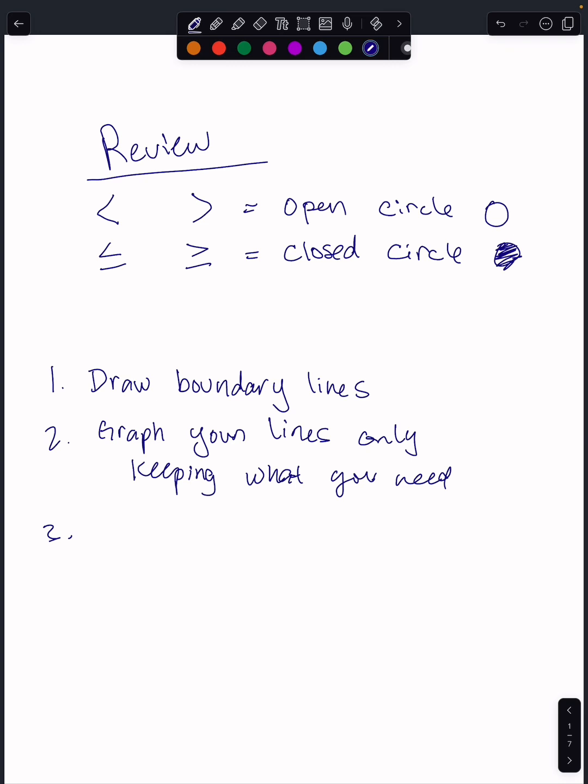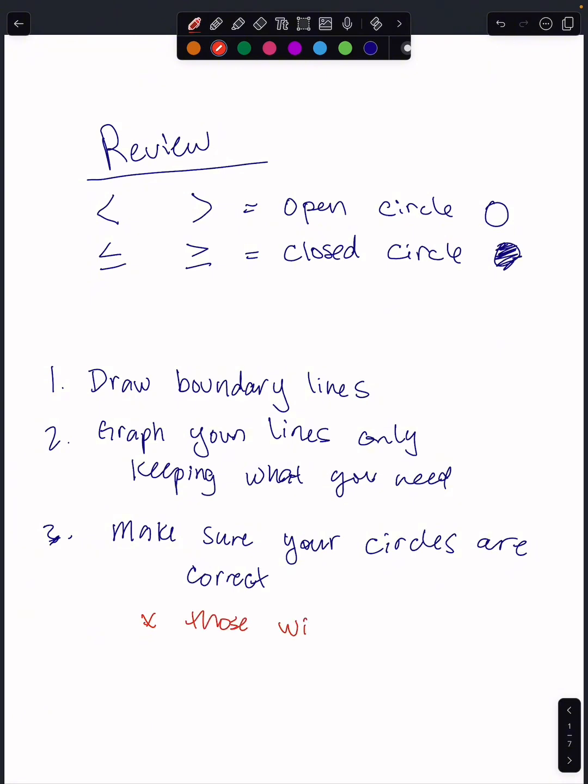And then step three is make sure your circles are correct. Side note, those will always be on your boundary line.